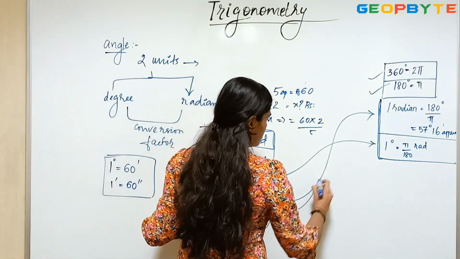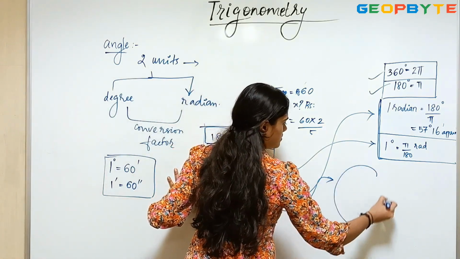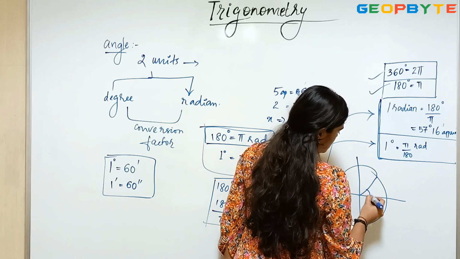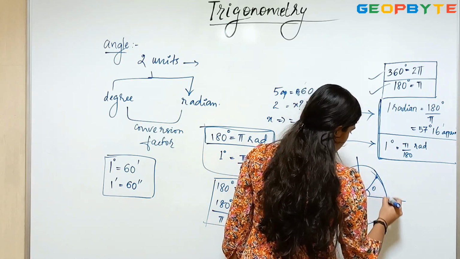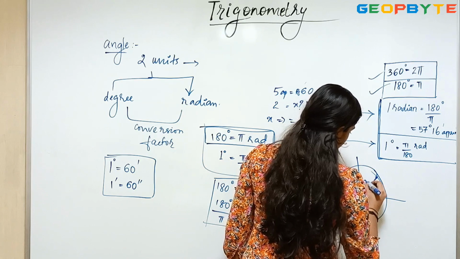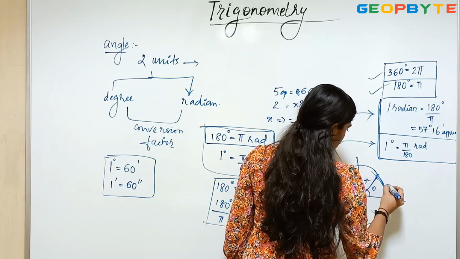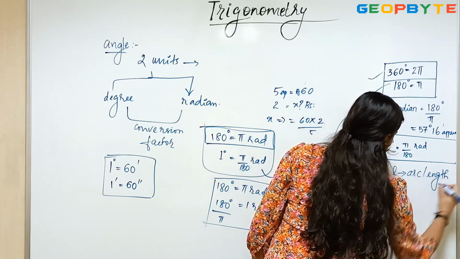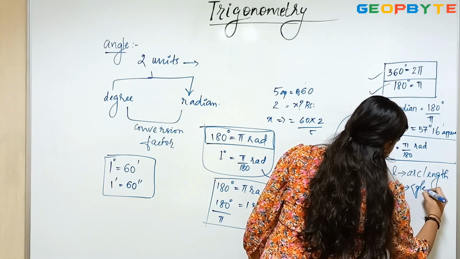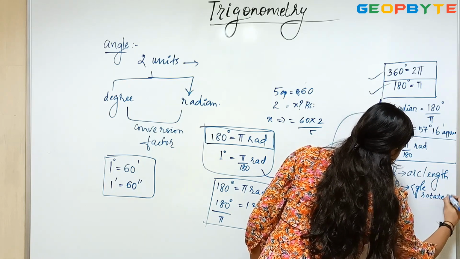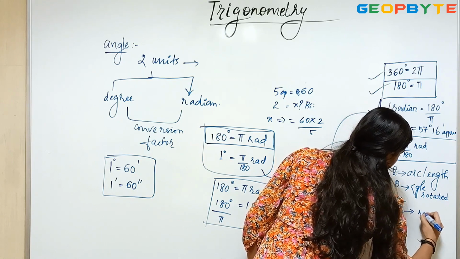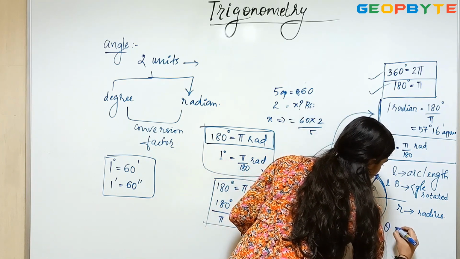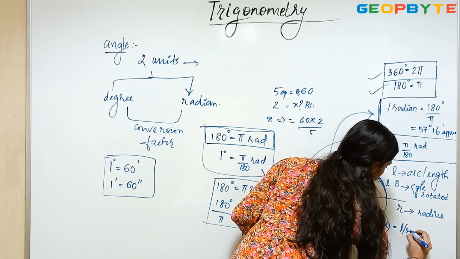Another important topic under this is about a circle and the angle theta. If this is the radius, and L is the arc length, and theta is the angle rotated, and r is the radius, then I can write theta equal to L by r.